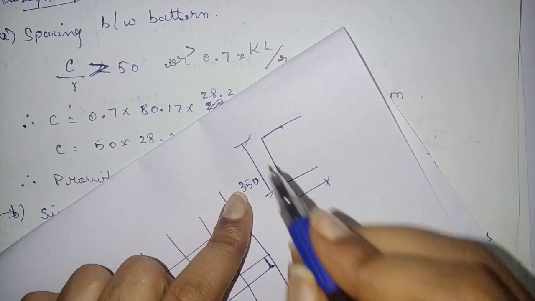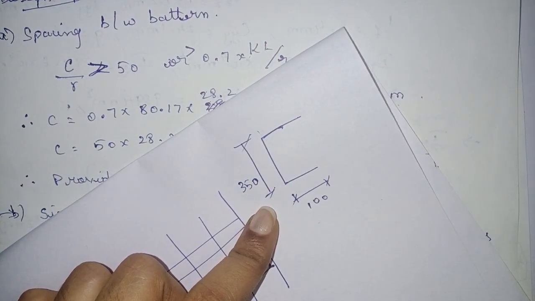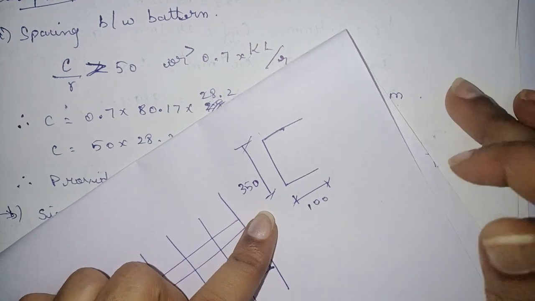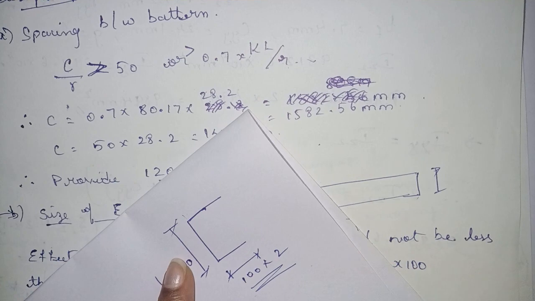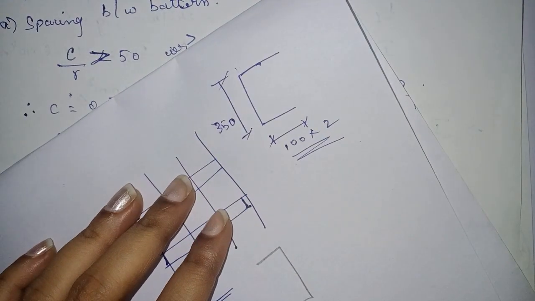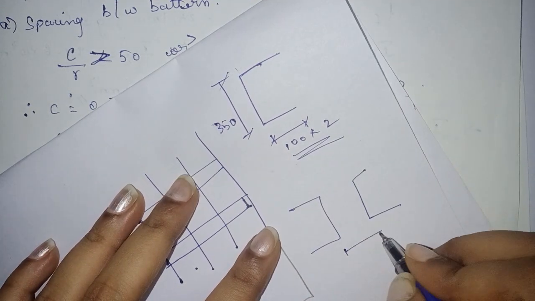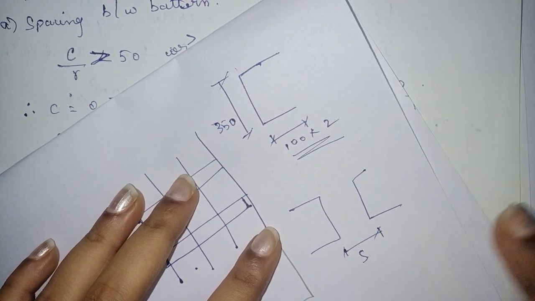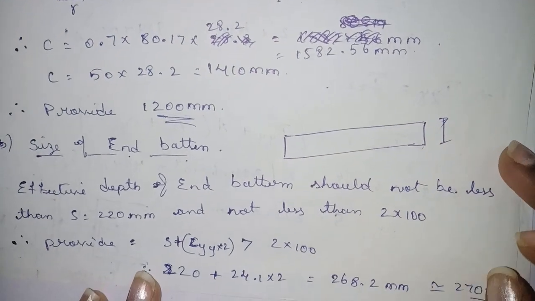LC 350 means the height of this is 350. This is 100, the width of the channel. It should not be lesser than 2 times the width of this. Got it? So this is the one thing. And also whatever the spacing we have got, this is back to back section, right? Whatever the spacing we have provided here, it should not be lesser than that also. Like that we need to calculate it.